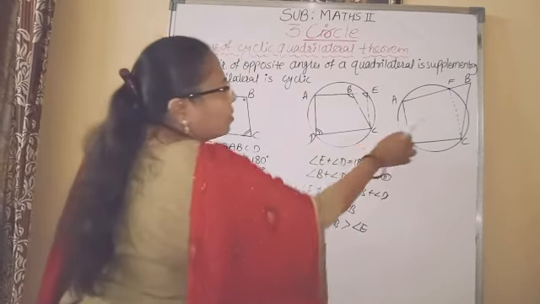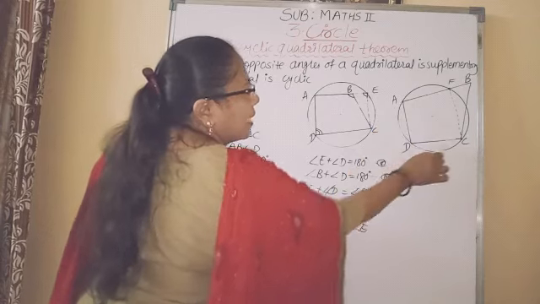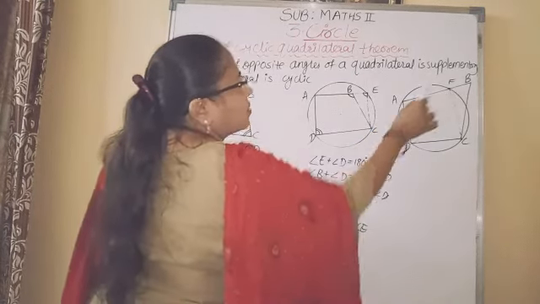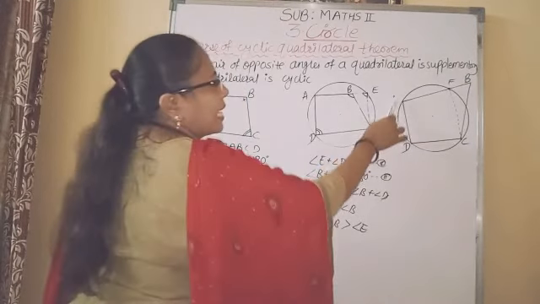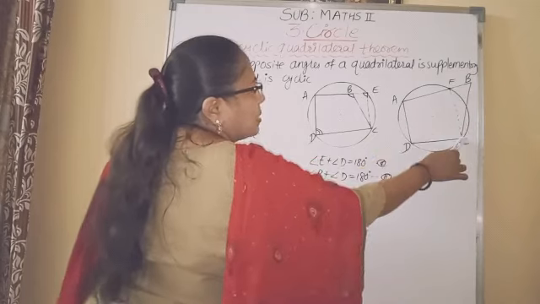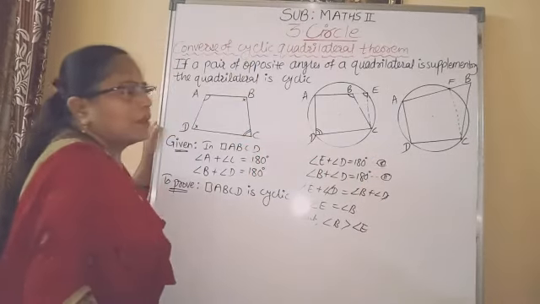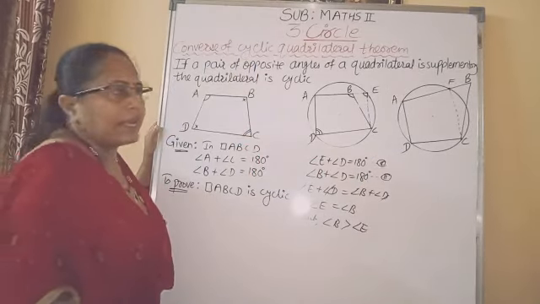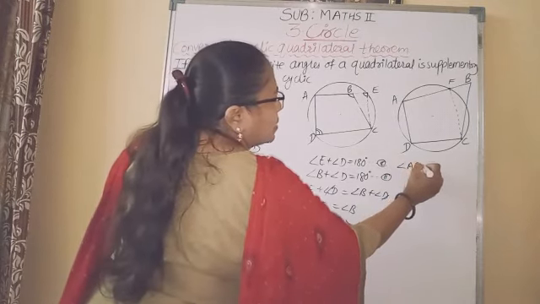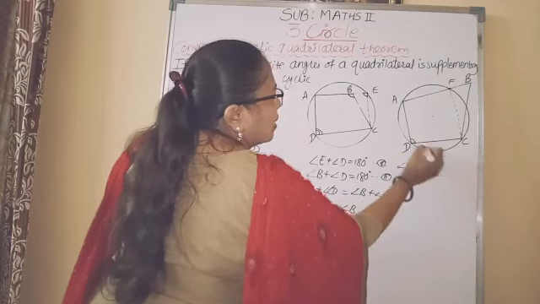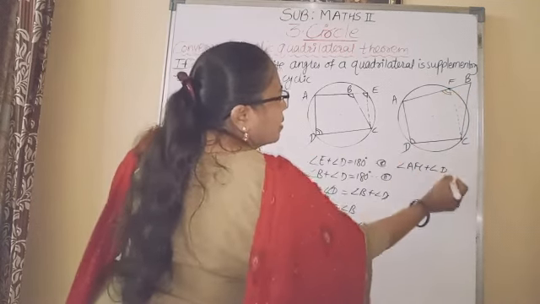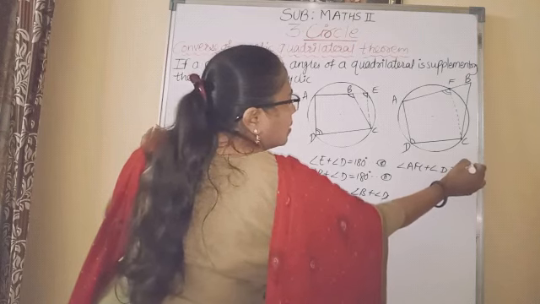Now from the figure you come to know that points A, D and C are already on the same circle, and F is also on the circle. So we got cyclic quadrilateral AFCD. So according to the cyclic quadrilateral theorem, angle AFC plus angle D is equal to 180 degrees.